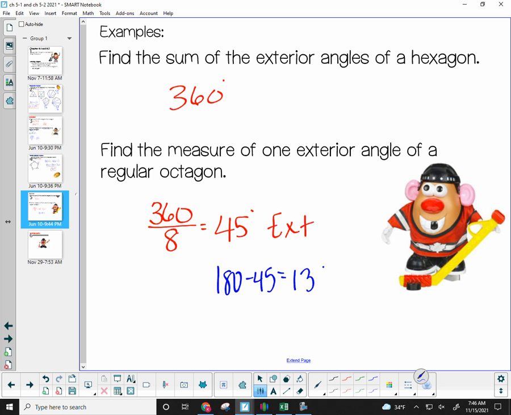So that has to be 135 degrees for my interior. Does that make sense? So not that the math is overly difficult, right? I mean, it's n minus 2 times 180. But it can save you a step, and sometimes it is faster to find your exterior angle first and work backwards to get the interior. Is that okay?